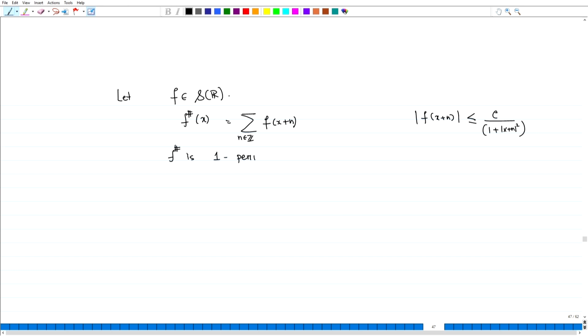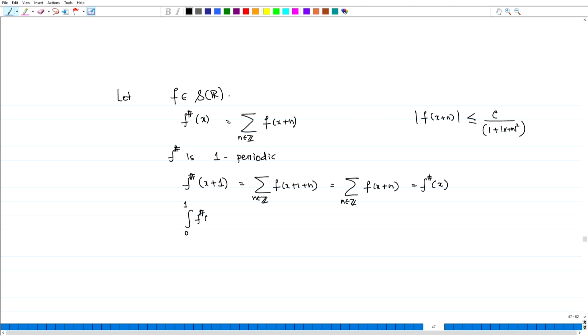That is, f sharp of x plus 1 is equal to the summation over n in Z of f of x plus 1 plus n, which by substitution is f of x plus n, which is equal to f sharp at x. So this shows that this is a one periodic function.